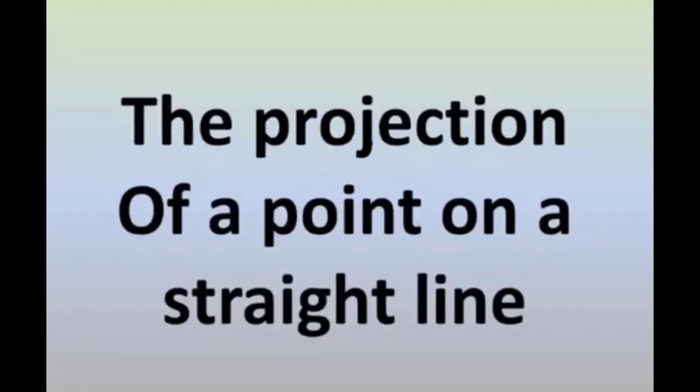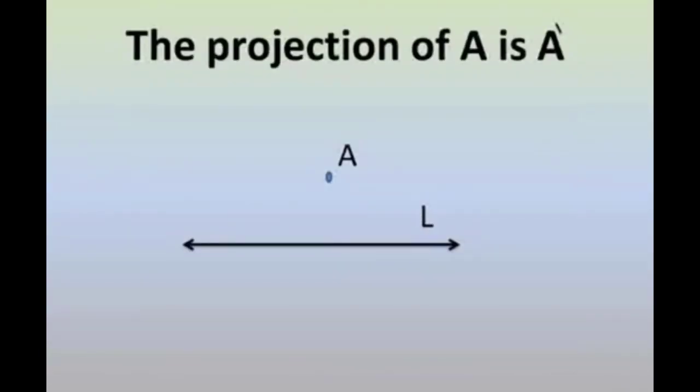Today we will talk about projection. Projection is like something dropped from the sky to the land. The projection of a point on a straight line: if I have a straight line L and a point A outside the straight line, then point A is dropped to the straight line L, which is the land, like something dropped from the sky to the land.